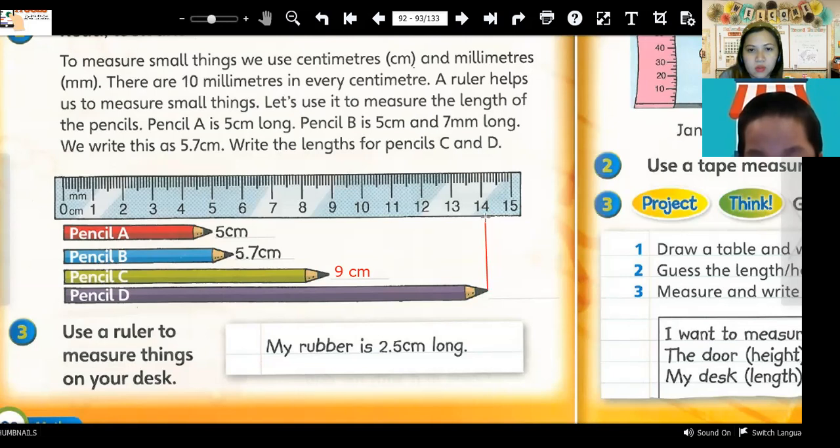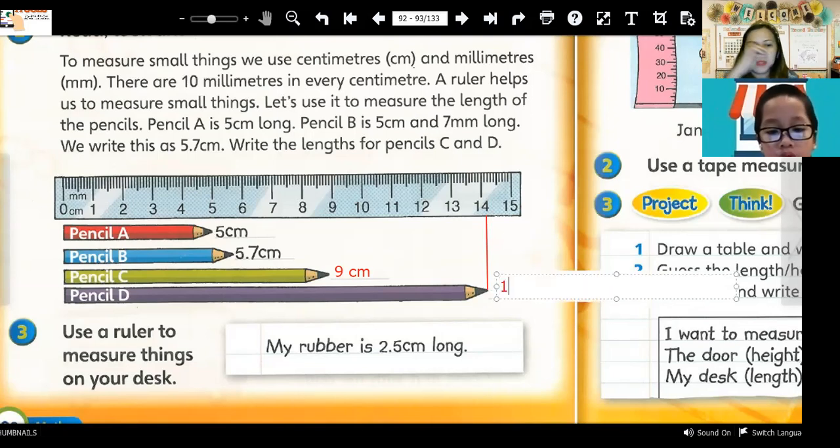Okay, there you go. How long is pencil D? What's the length of pencil D? It's 14 centimeters and 2 millimeters. Very good. So you will write that one as 14.2 centimeters.